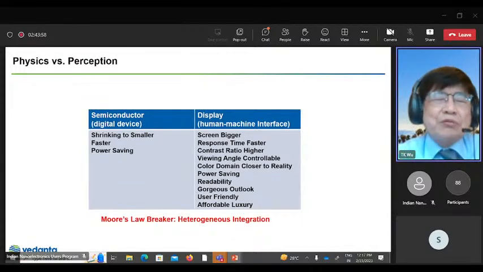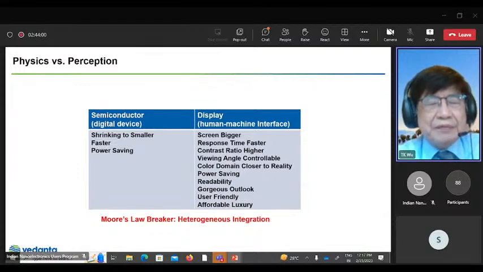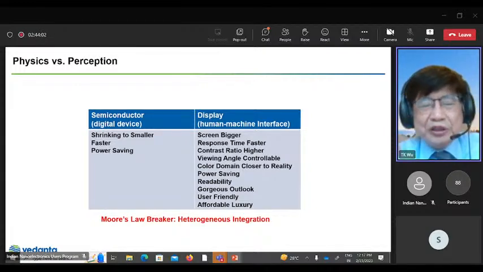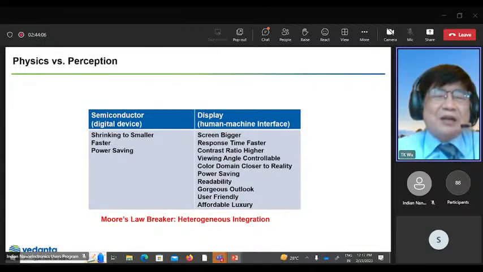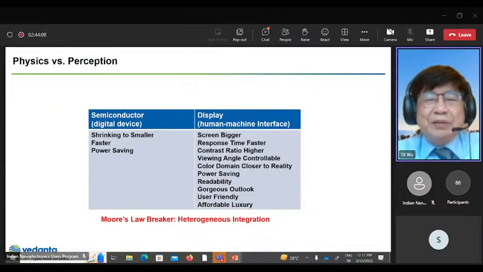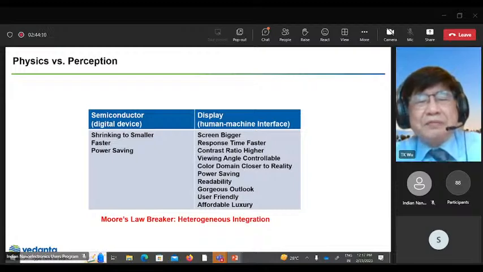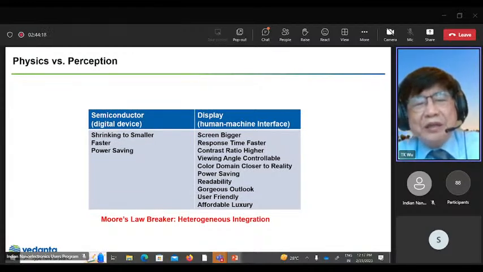That's one of the reasons why, since we're reaching the limit of the TFT LCD, recently people require even more close-to-reality displays. We use local dimming technology.